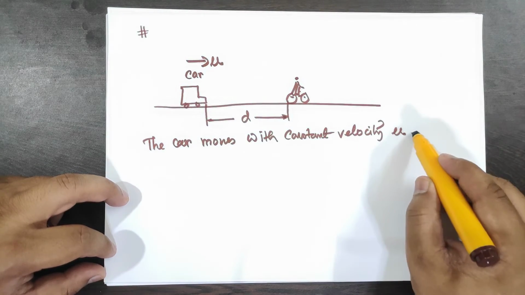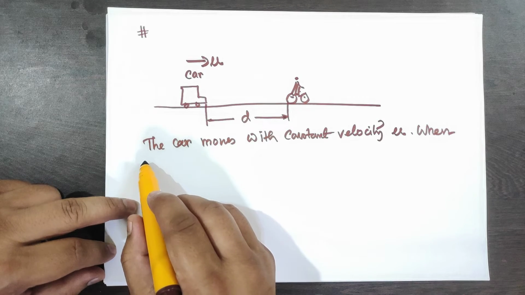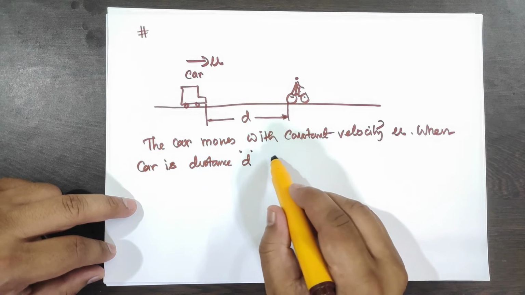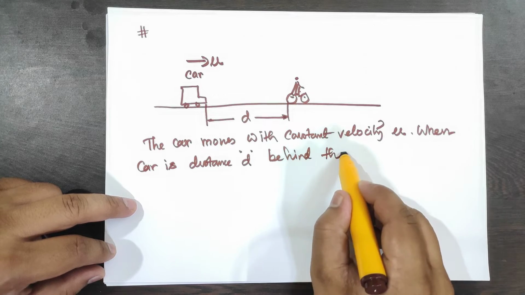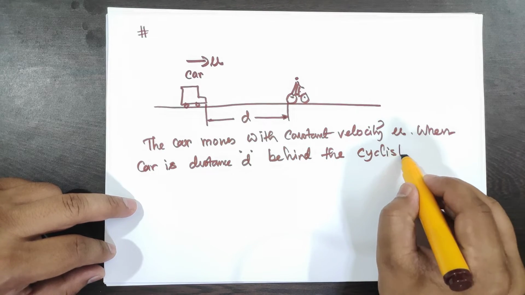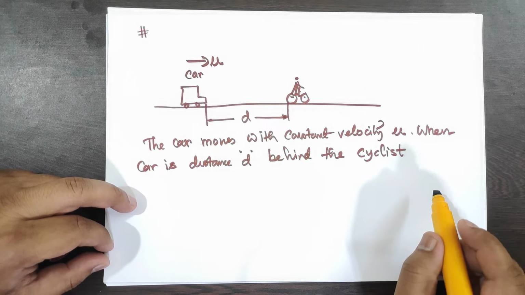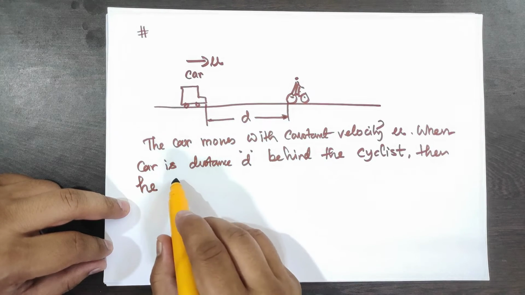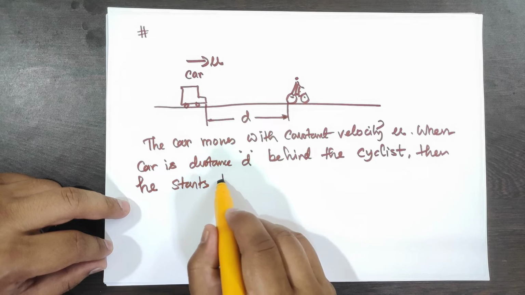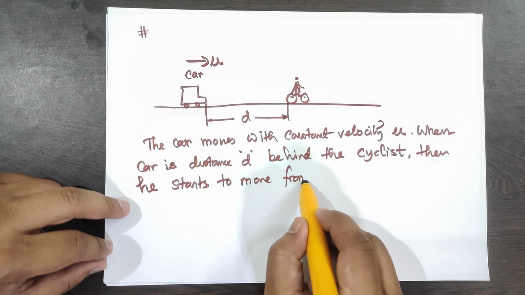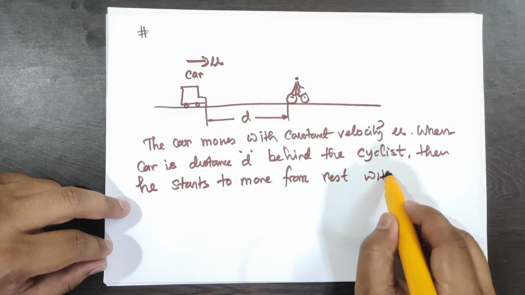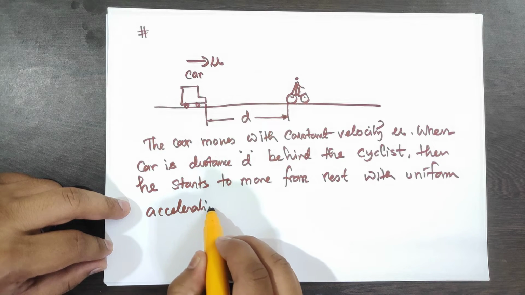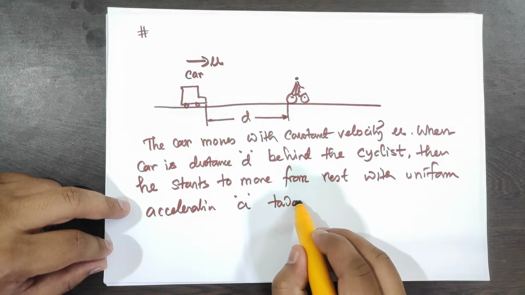Now when the car is a distance d behind the cyclist, maybe a motorcyclist, the cyclist starts to move from rest with uniform acceleration A towards the right.